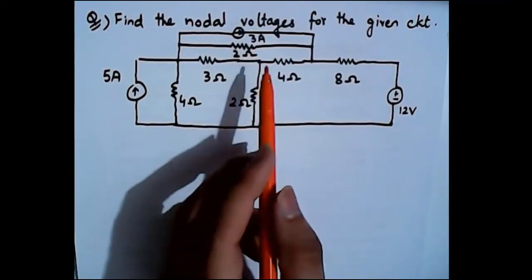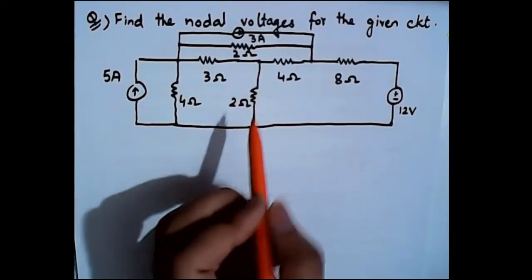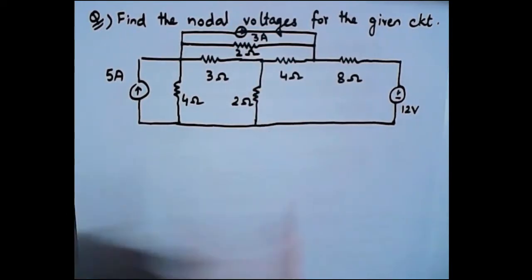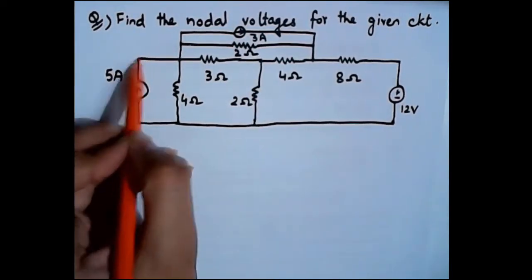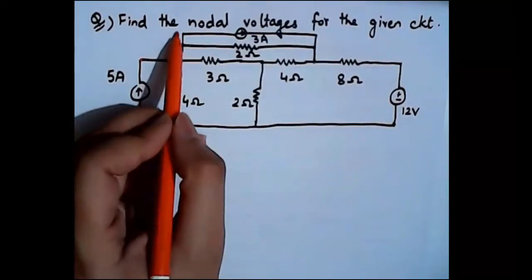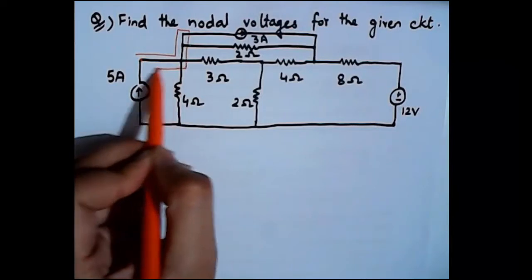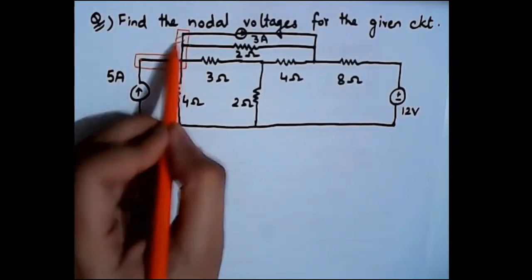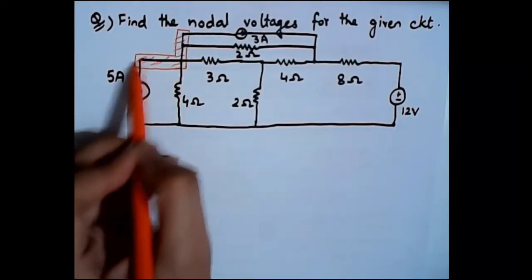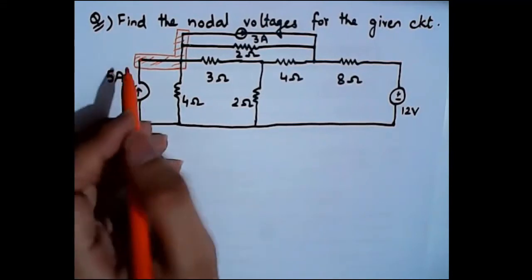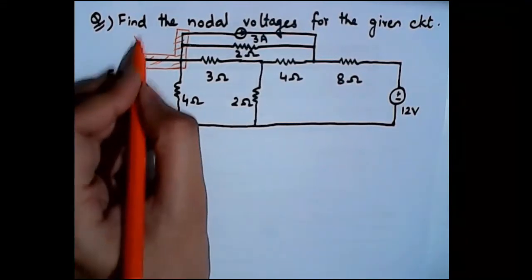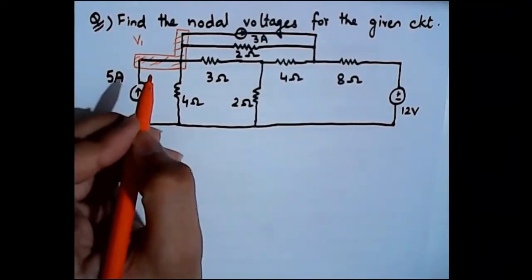So now the first step is to find out how many nodes are present in the system. So you can see that here this complete path will be treated as one node because there is short circuit. So let's name it as node 1 and assign it as voltage V1.